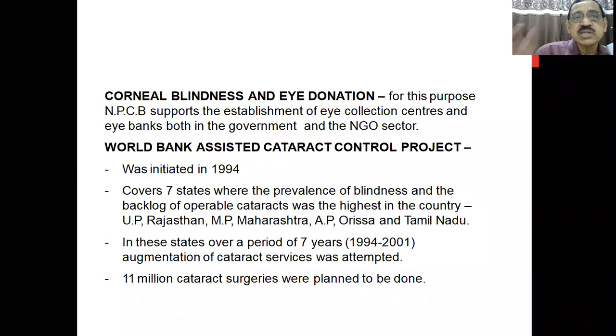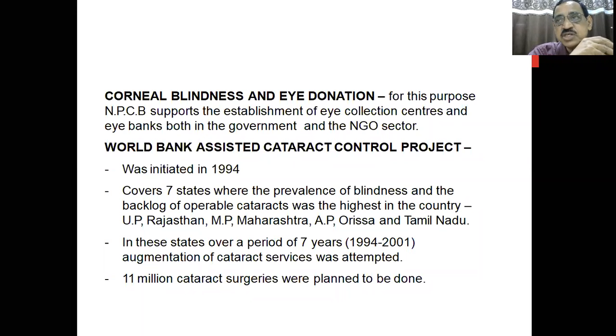For this purpose, the National Program for Control of Blindness supports the establishment of eye collection centers, where you can have certain media, or an ice flask. Suppose the patient is dying, there will be counselors in the ICUs, and they will motivate the relations, kith and kin, of the person who is brain dead or who dies, for corneal donation immediately after the death of the individual.